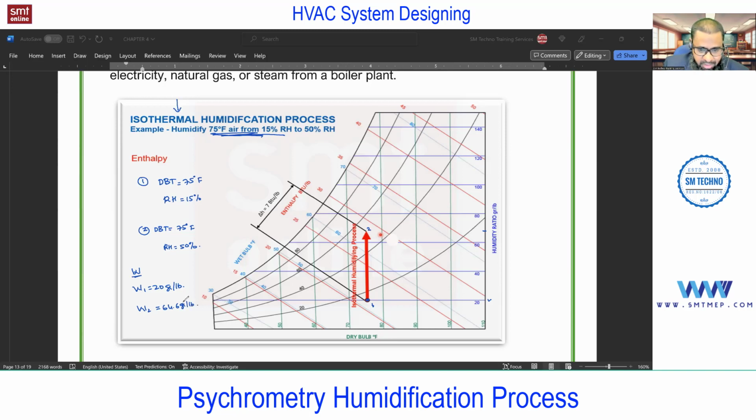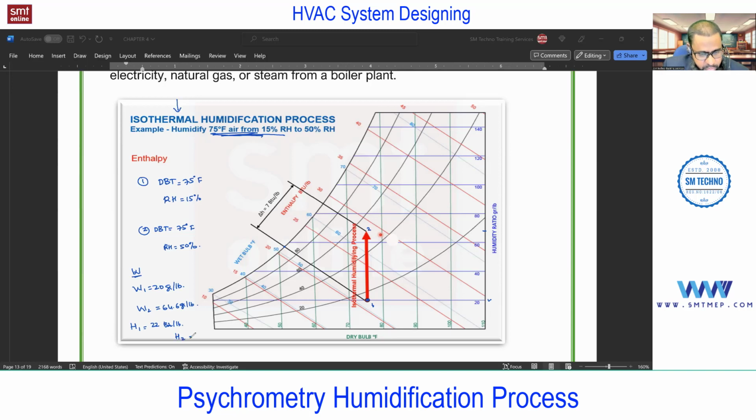This can happen even though we are not increasing the temperature. Then how can we achieve this RH through the humidification process? Definitely by adding heat. So now we'll check the enthalpy. H1 is at point 1, and here I got 22 BTU per pound.